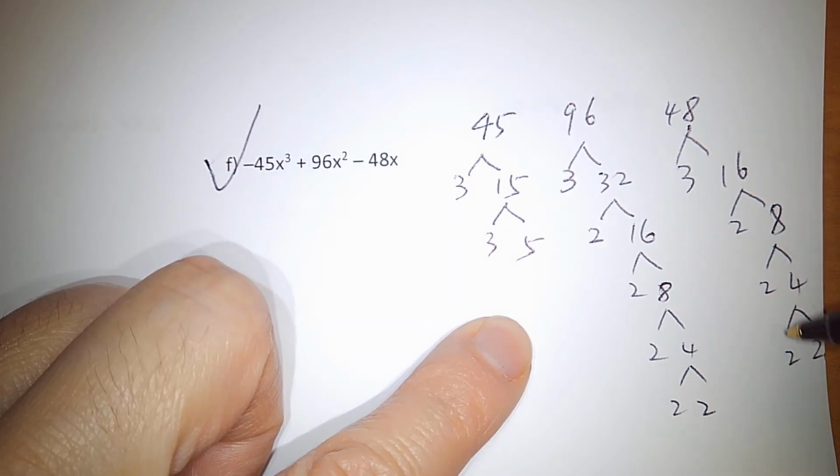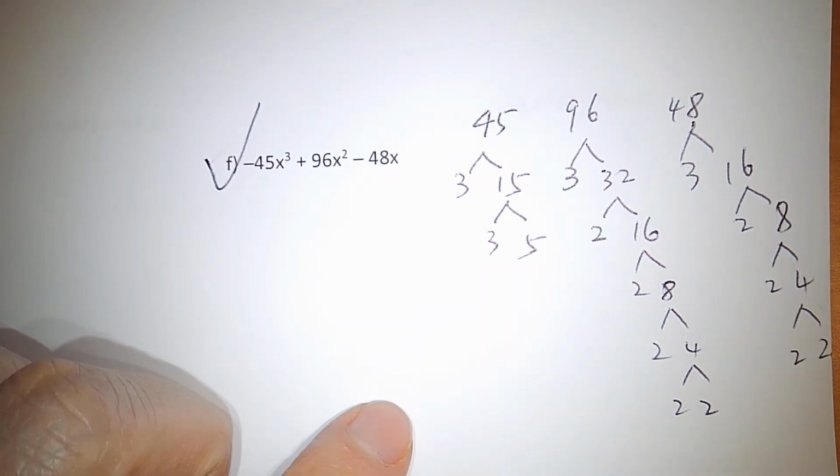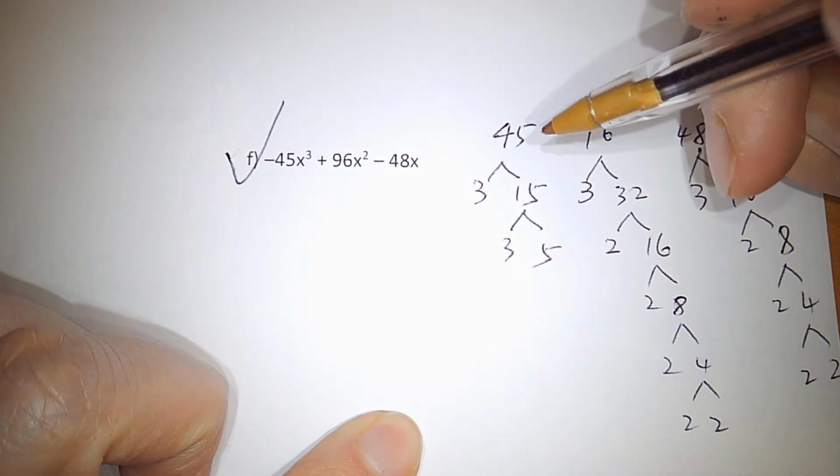So 3 and four 2s multiplied together. What is a common factor among these?